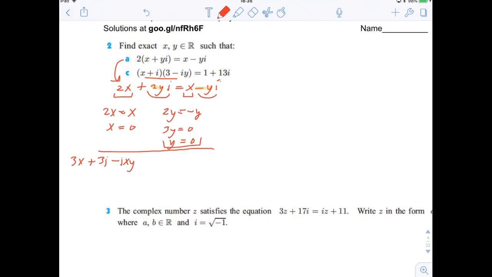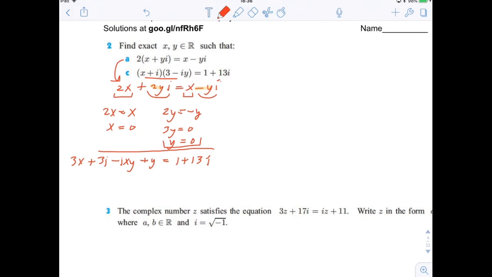And then multiplying i times negative iy, I'm going to get i squared, which is negative 1, multiplied times negative y is positive y. And that is equal to 1 plus 13i.